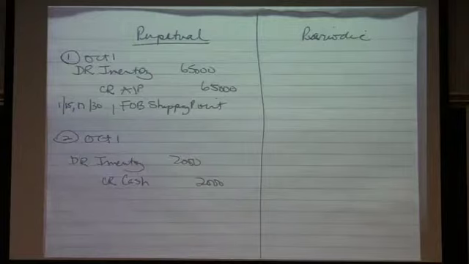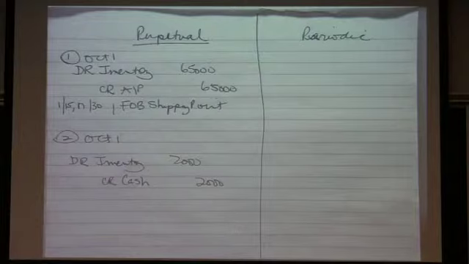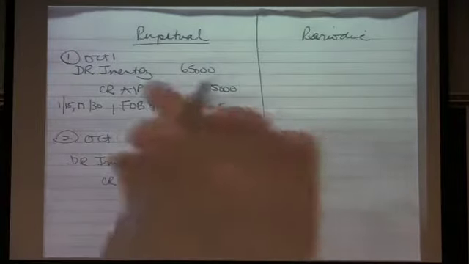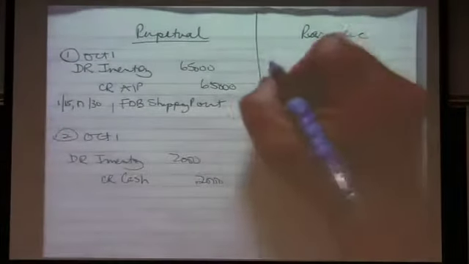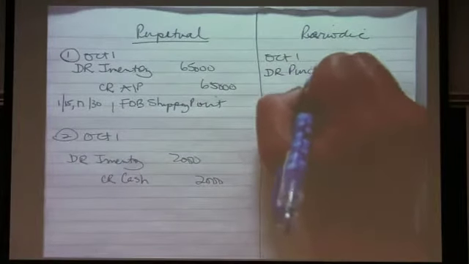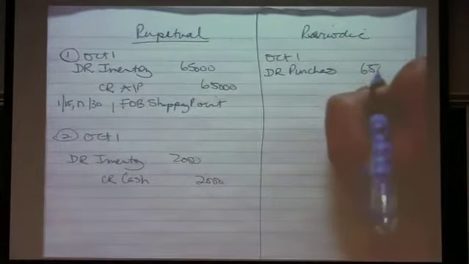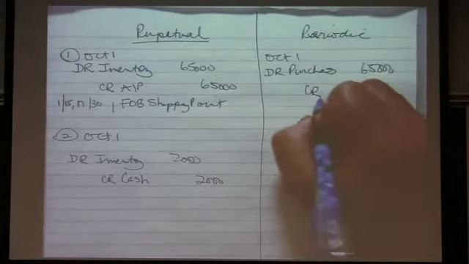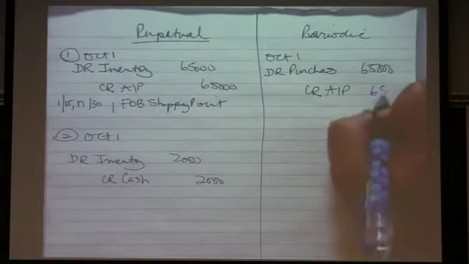Now, let's take a look at it from the periodic inventory system. Under the periodic inventory system, when we record purchase of inventory, it goes to a separate account called purchases. So when we buy the inventory on October 1st, we're going to debit purchases $65,000, and credit accounts payable $65,000.